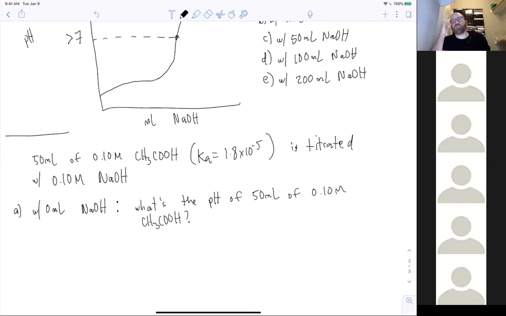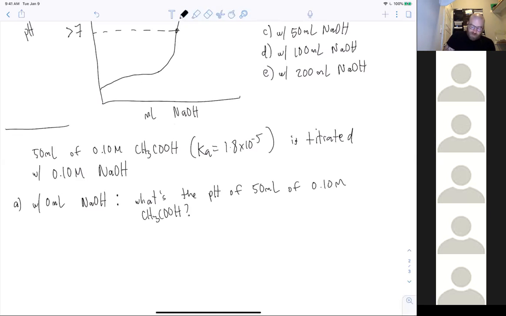That's just a weak acid problem. You set up a Rice table. There's nothing really fancy about that. The fact that you have 50 milliliters doesn't really matter. The pH is going to be the same regardless. So you're really just calculating the pH of a 0.1 molar solution of acetic acid. So that's at this point.